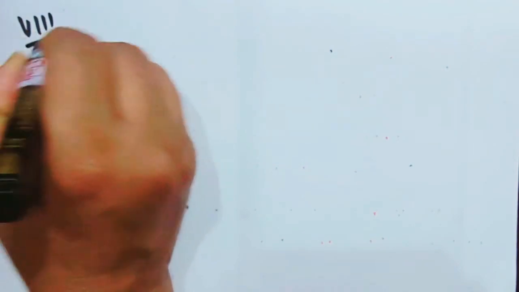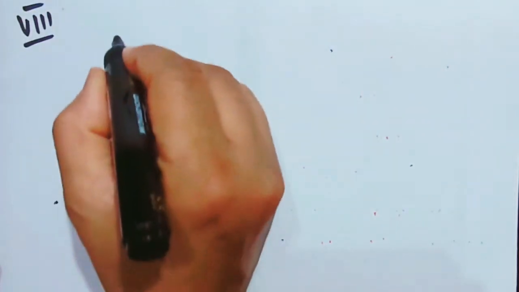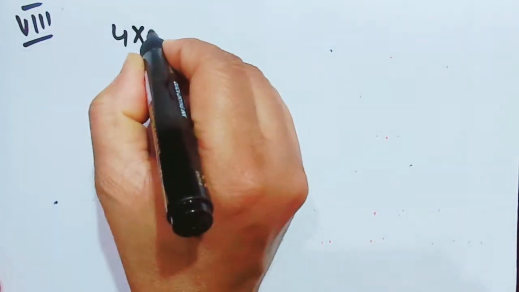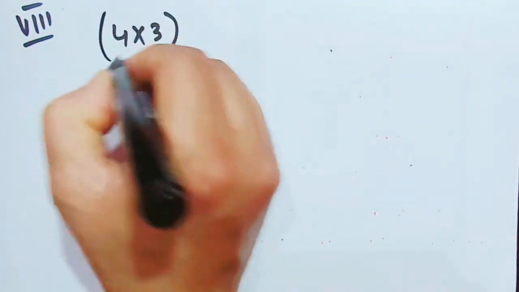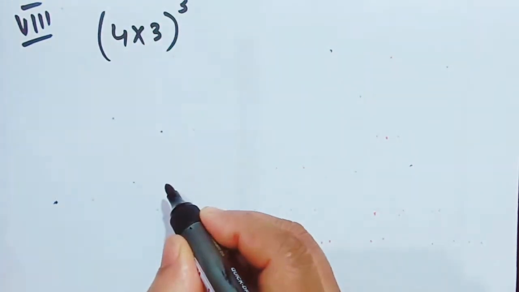Now let us proceed to the other sums. What I find is that the level has increased every time. For example, when you look at the 8th one, you will get 4 into 3 to the power 3.